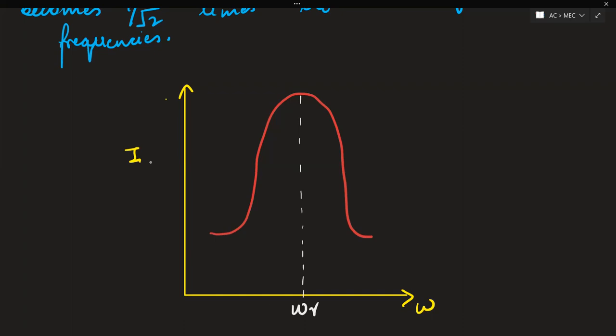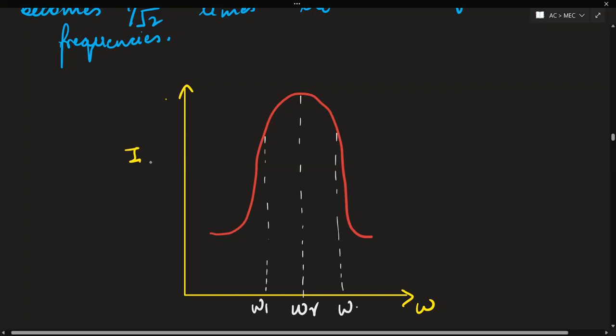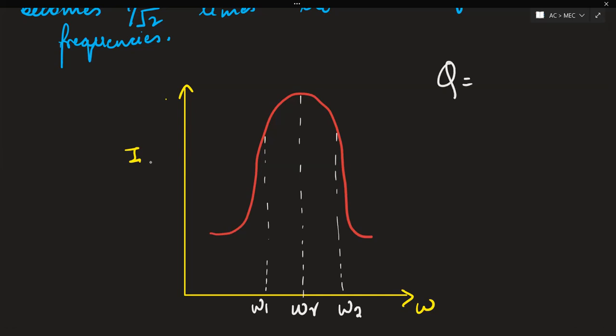Now let me just mark 2 points on either side of it. This is one frequency. This is another frequency. So this says what? Q factor is basically the ratio of the resonant frequency and the difference in these frequencies. This is what is meant by Q factor.